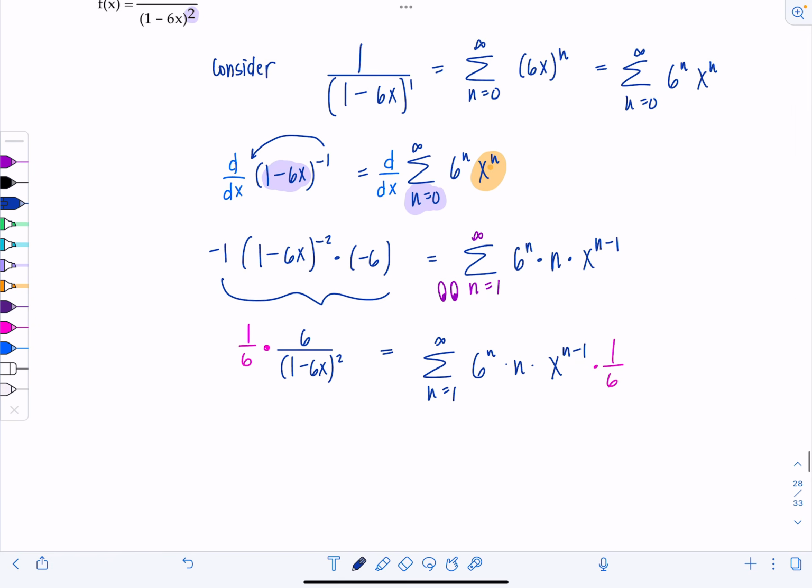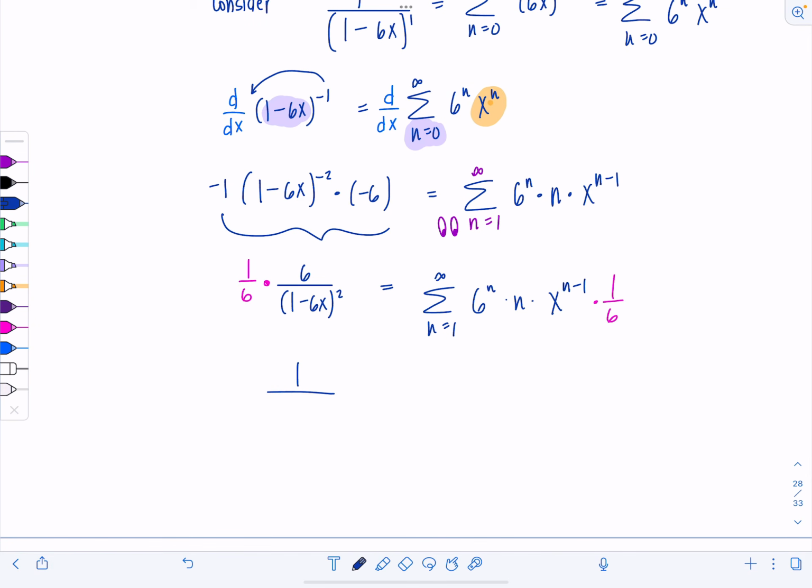So now I have 1 over 1 minus 6x squared equals the sum, n equals 1 to infinity. Watch this. 6 to the n over 6 is 6 to the n minus 1, times n times x to the n minus 1.